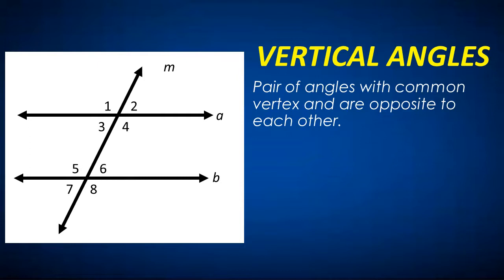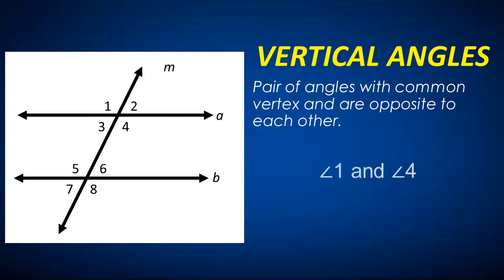Kahit dalawang line lang siya nag-intersect, makakakuha na tayo ng vertical angles. Kasi, ang sabi dito, kailangan common yung vertex nila. Meaning, dun sa point of intersection nila, yun yung magiging common vertex nila. At dapat sila ay opposite to each other.